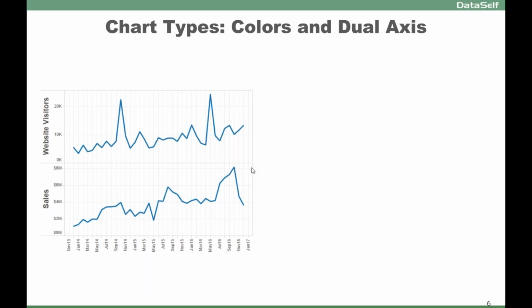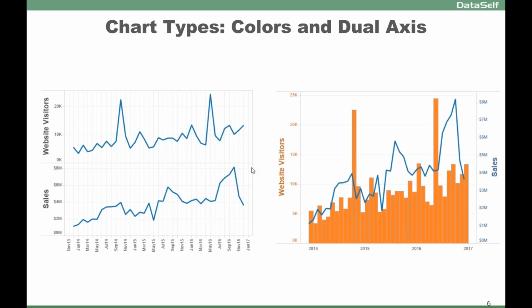Over time, as they experimented, eventually they got to this perspective, which is so much easier to read. We're using dual axis, and the color of the axis tells what the actual legend is.